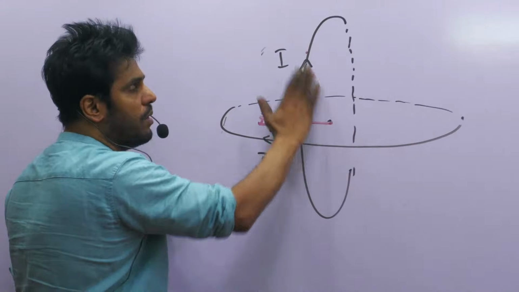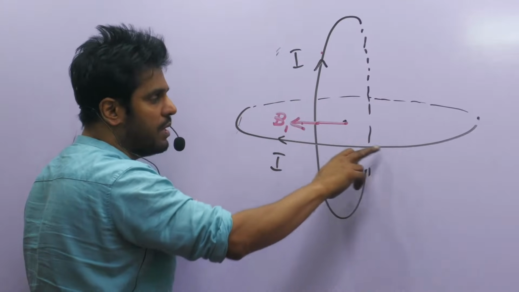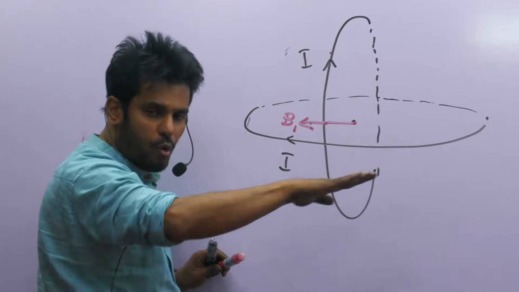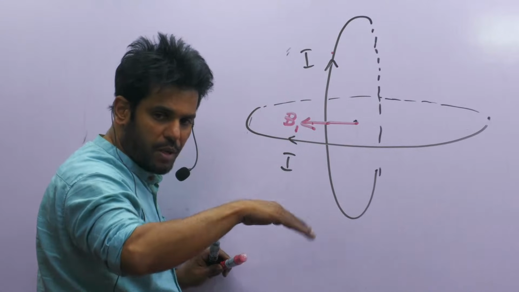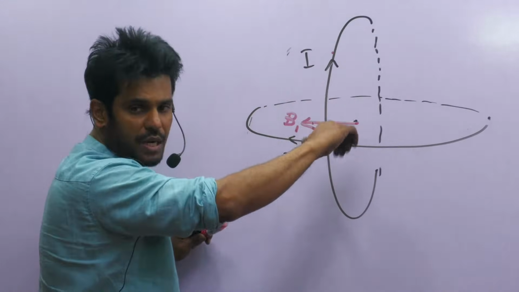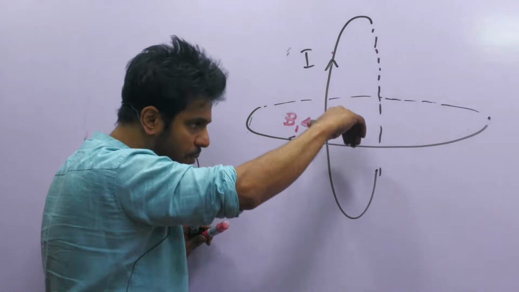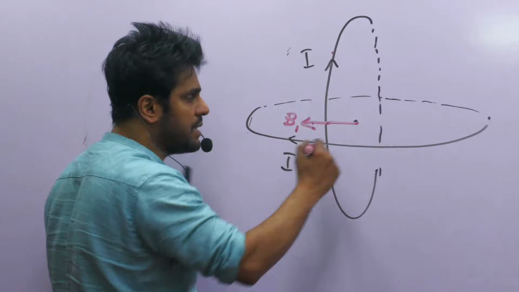Vertical plane means the perpendicular direction is horizontal; horizontal plane means the perpendicular direction is vertical. We have to use the right hand rule to find the direction properly. It makes downwards.